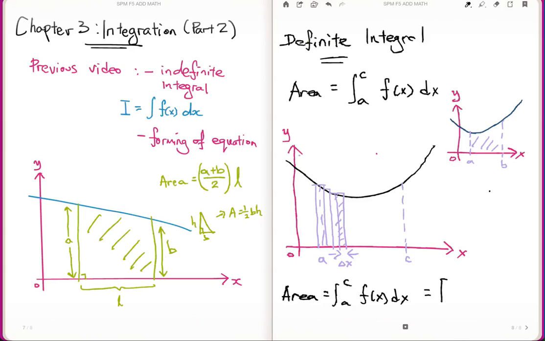From there you get capital F(x), C subtract A. There's a difference in how I write my limit. Initially here, over the left, I start my number with the lower limit and then the upper limit. But once I get the integration, I get the equation, I start with my upper limit over the right hand side, followed by the lower limit.